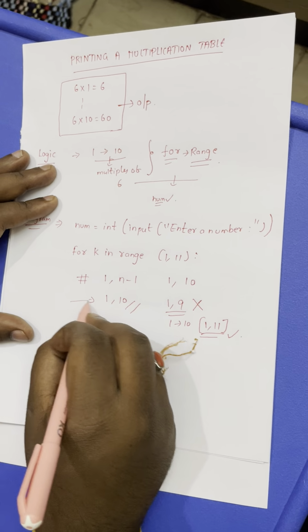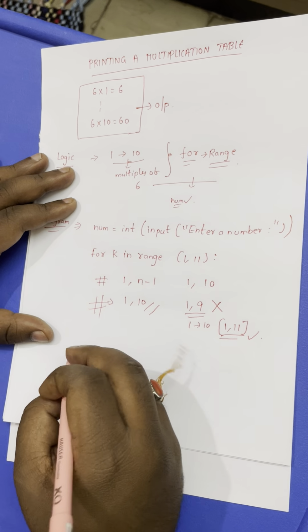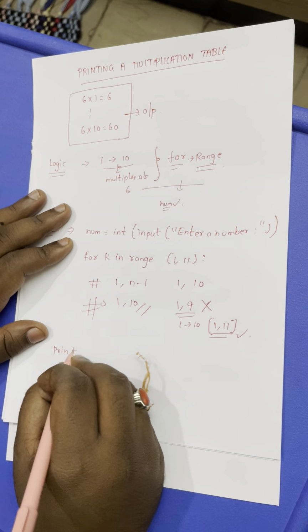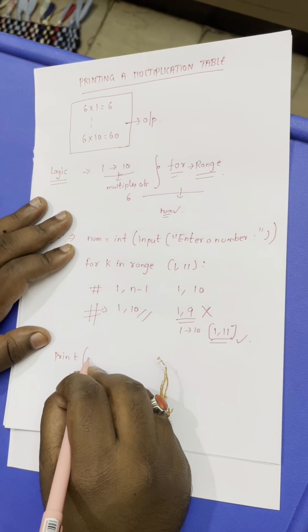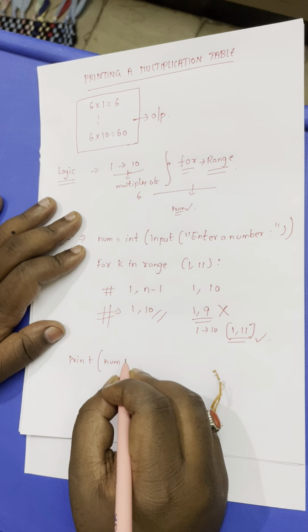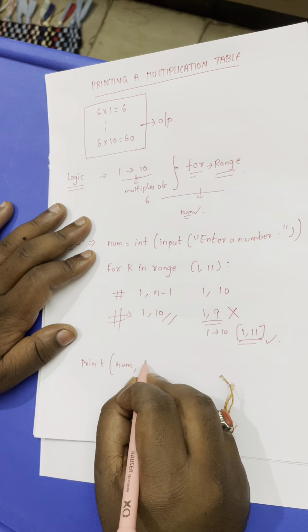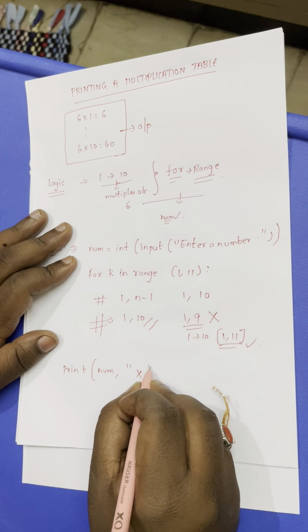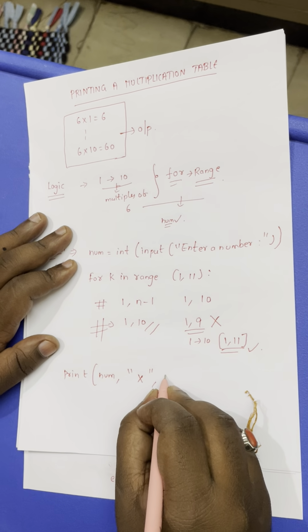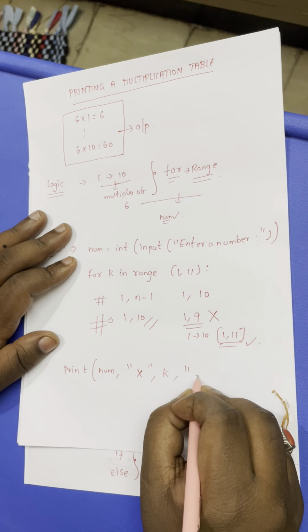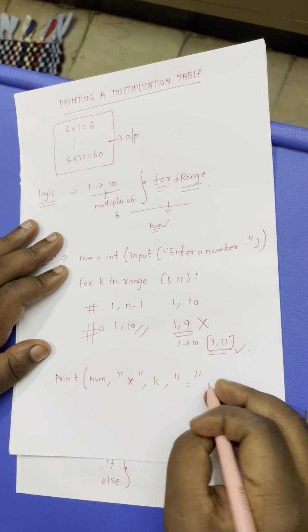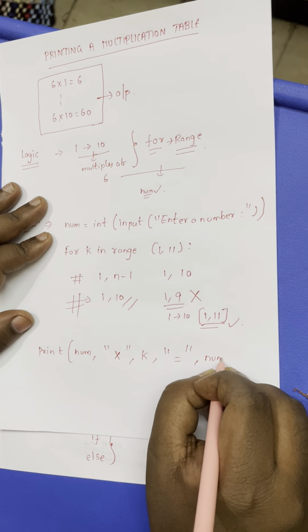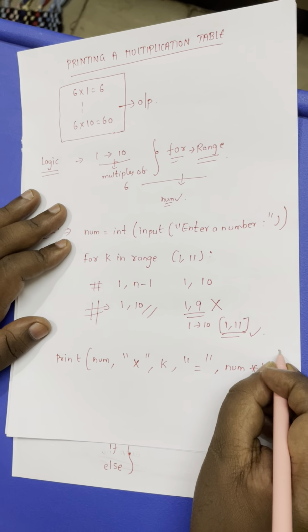So I am including these in the comments. The next step will be printing the multiplication table with the logic. For this I am using a print statement and I am giving number, and then a multiplication symbol, x symbol, and then I am giving k, and then an is equal to operator, and then I am giving the logic num into k.